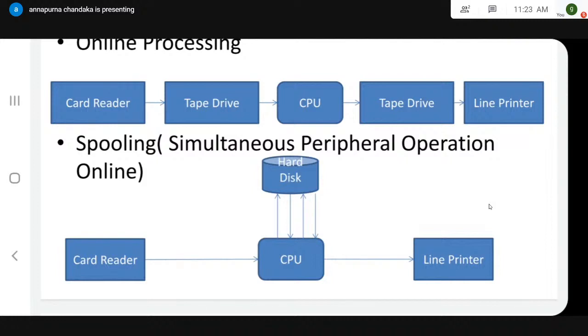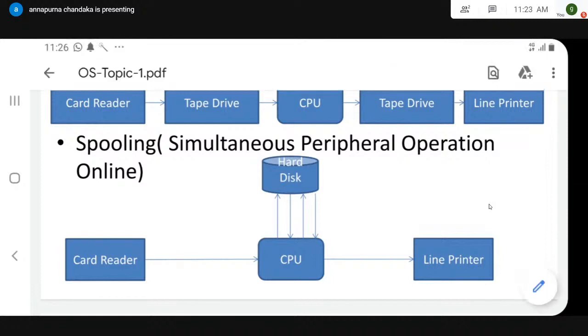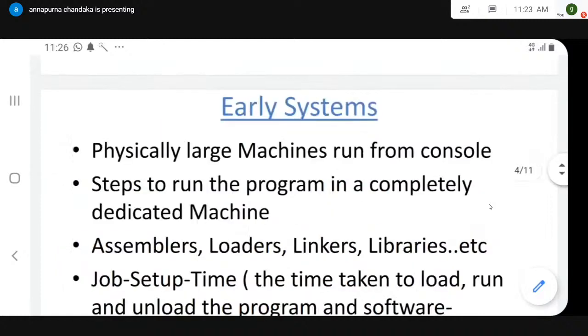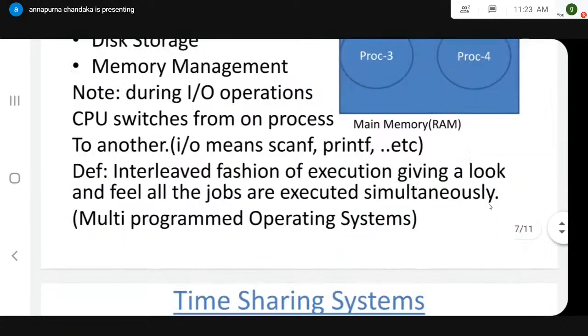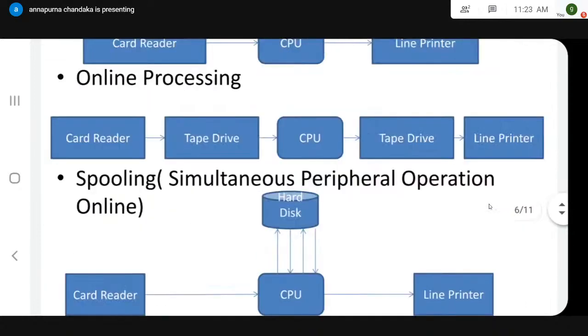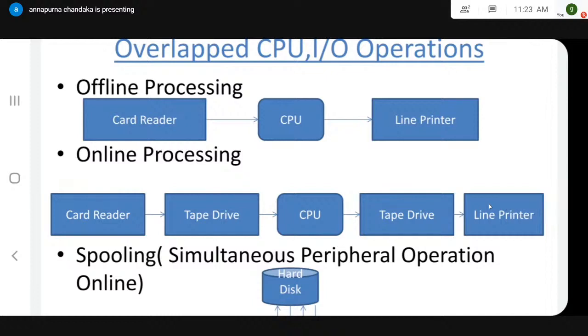Now, we got one question in GATE in earlier days, maybe before 10 years, one bit. They gave choices like this. In A, offline processing, B, online processing, C, spooling. And on the right side they gave 1, 2, 3.